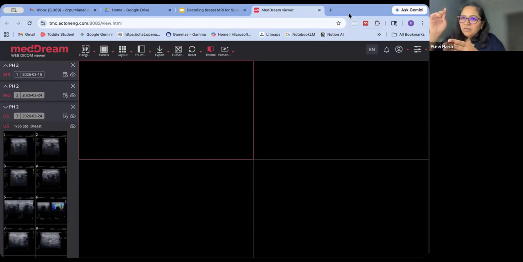Where there are lots of neo vessels, you see the lesion showing enhancement very fast, then it will come to the non-mass enhancement, and then it will go to BPE. But that distinction is sometimes blurred between non-mass enhancement and BPE. Sometimes everything comes in together.